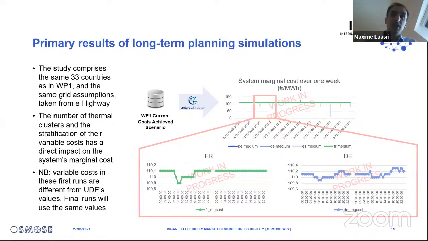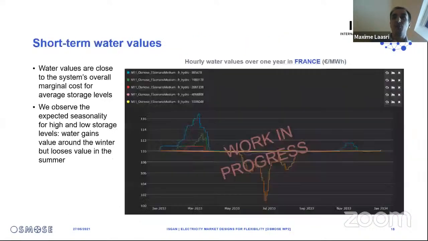So you will see different figures between these and the ones shown by UDE, but at the end of the project, when we continue this work, we will merge all the figures and use the same values. In the final results and recommendations, you will be happy to see that we are consistent across the simulations. But now, since you are seeing behind-the-scenes results, keep in mind that these are not the same figures that we will find in UDE's presentation afterwards.